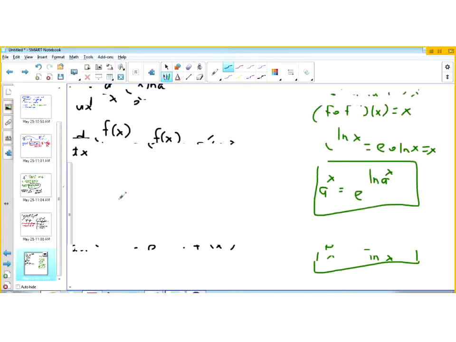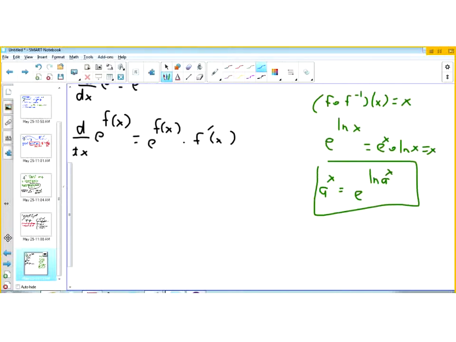So in this case we're pursuing the derivative with respect to x of e^(ln(a)·x). So this is essentially your f of x.